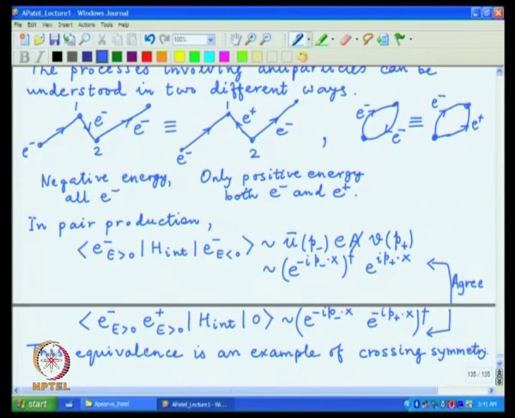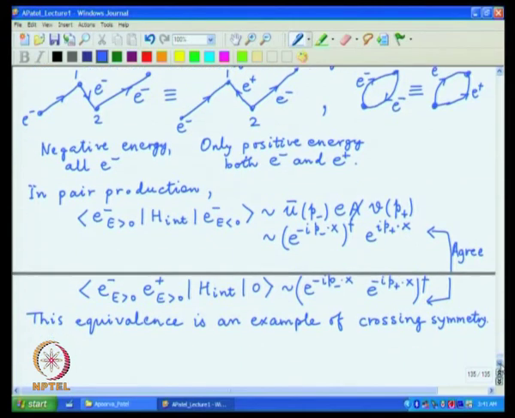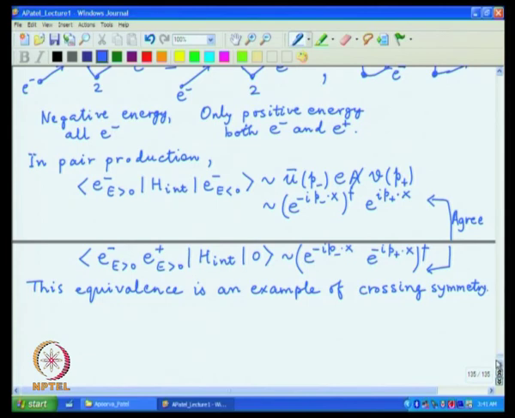It is something which we had seen in the discussion of Hole theory, that you can change the particle from an initial state to an antiparticle in the final state, flipping the signs of all momenta, and we can easily see that illustrated here, both in terms of the matrix element as well as in terms of the Feynman diagrams. This is a very useful construction and terminology which is heavily used in calculations in perturbation theory.